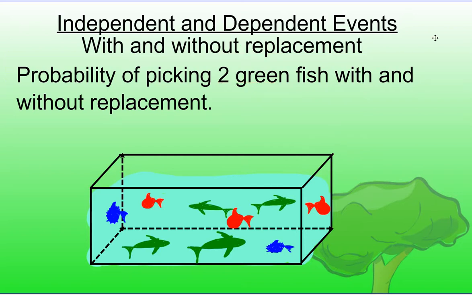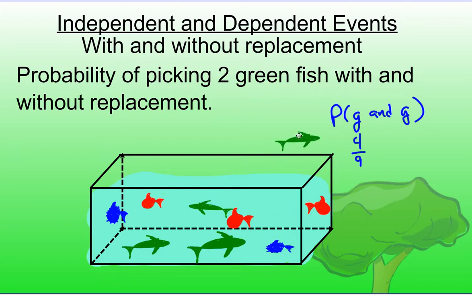So let's see. With replacement means the probability of a green and another green with replacement. So right now, what's the chance of getting a green fish? 4 out of 9. Now, imagine I take one fish, I pull it out, yep, it's green, and I put it back in. I replaced the fish.